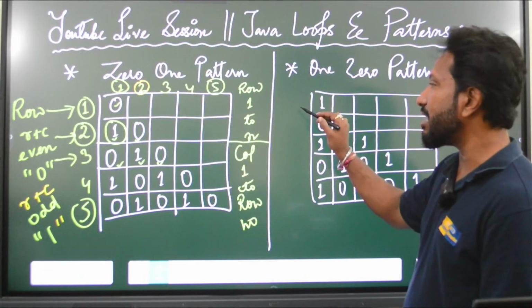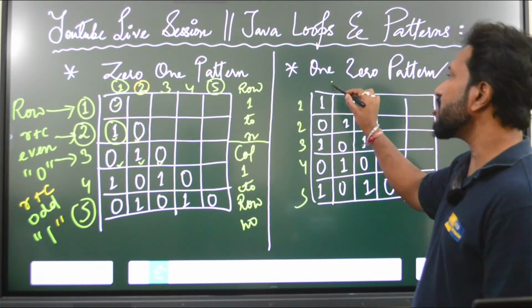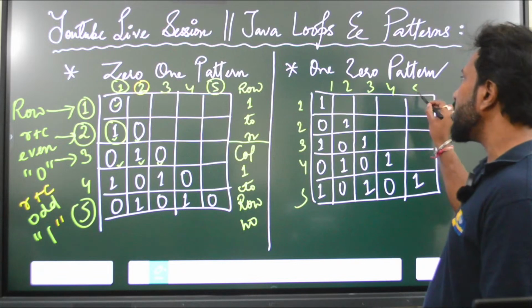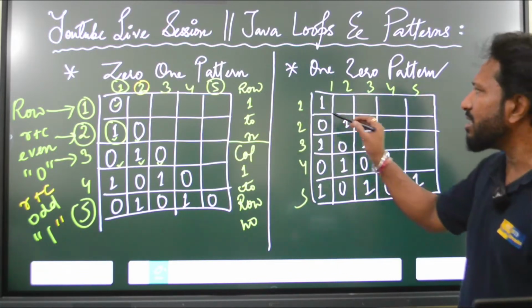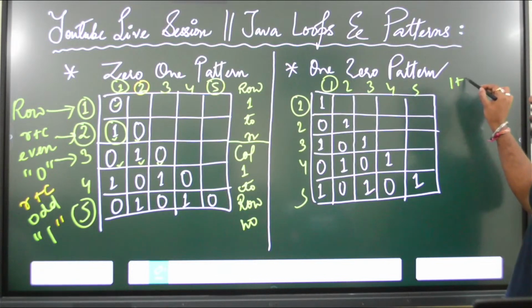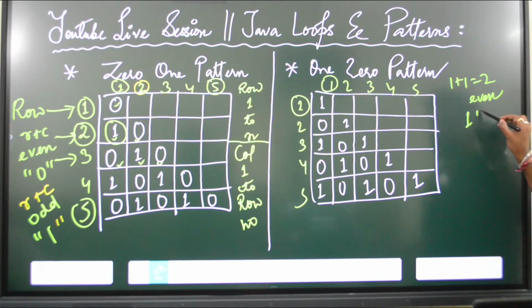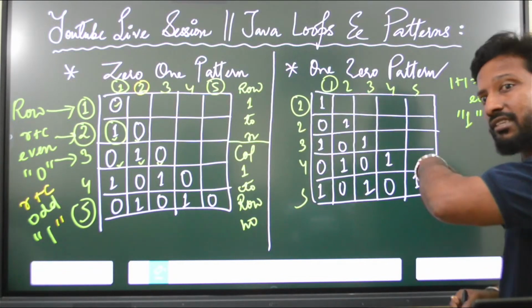So let me just write it down like this: 1 2 3 4 5. Here also 1 2 3 4 5. So here I can simply say that when the row plus column value is, say, 1 plus 1 equal to 2, right? When this is even, I will print a 1. Vice versa, whatever we did there, we are doing the exact opposite here, right?